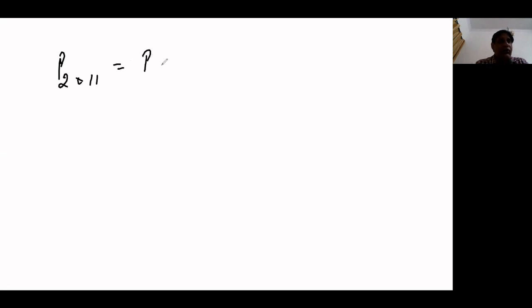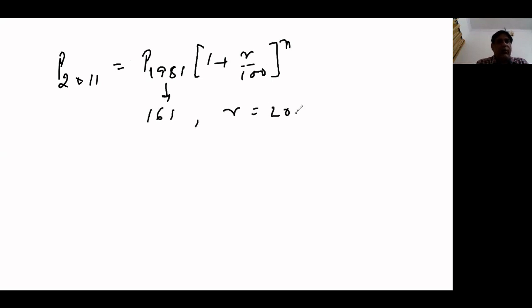Once you've calculated this, if someone asks what is the population in year 2011, the population would be P1981 (1 plus R by 100) to the power n. Now we know the population here is 161 in thousands, right? R is 20.03% per decade, and n is 3.